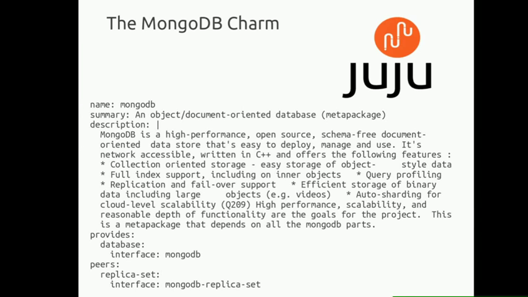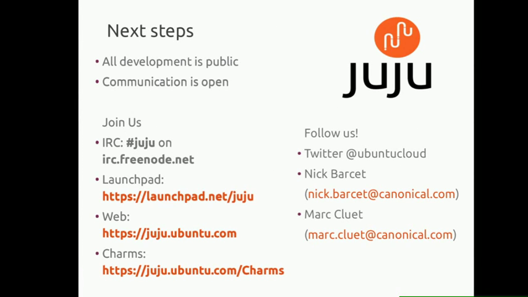And everything will be done for you in order to set up this connection. And as you can see, MongoDB supports peers, as we just demonstrated, and the peers are demonstrated by the replica set interface. So the peer relation is what allows us to grow the actual backend of MongoDB in no time.